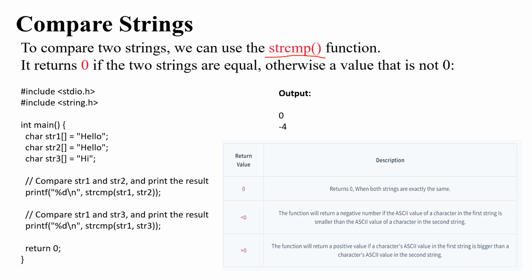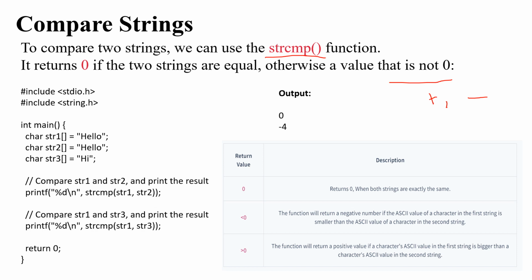If both the strings have equal number of characters and the same characters, then it returns 0. Otherwise, a value that is not 0 will be returned. The value that is not 0 means it can be a positive value or it can be a negative value. That is decided by the ASCII values of the characters.